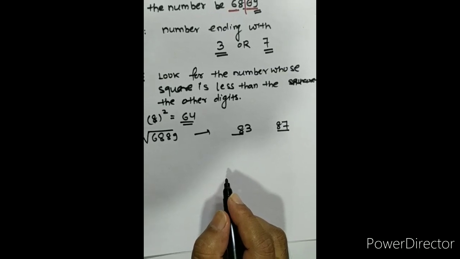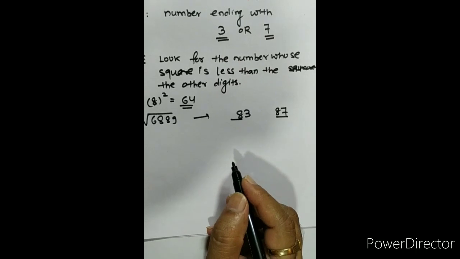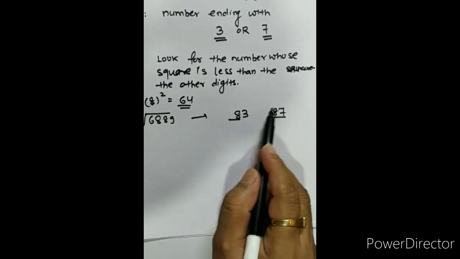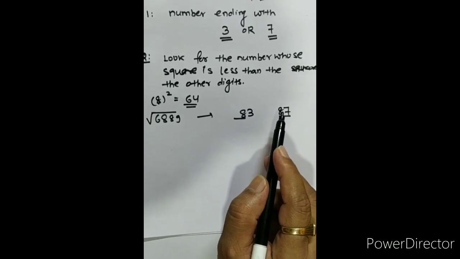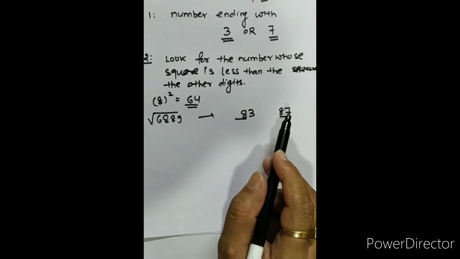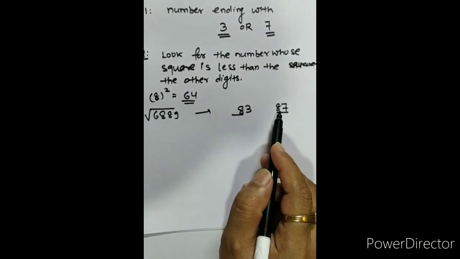So we have come down to two numbers, 83 and 87. Now we have to identify which is the correct answer.